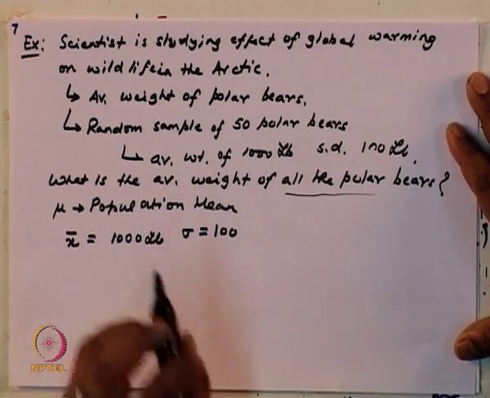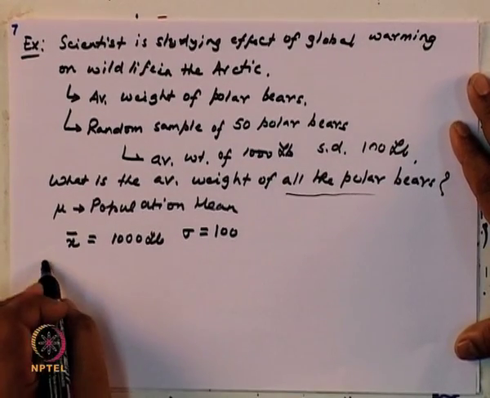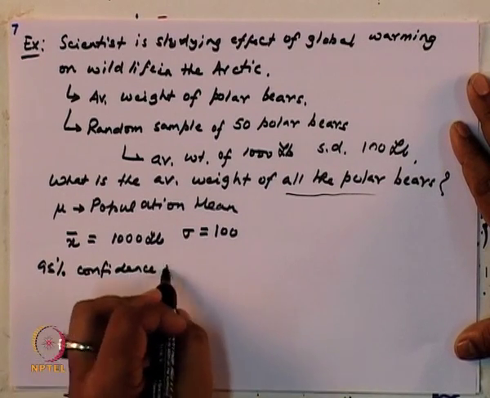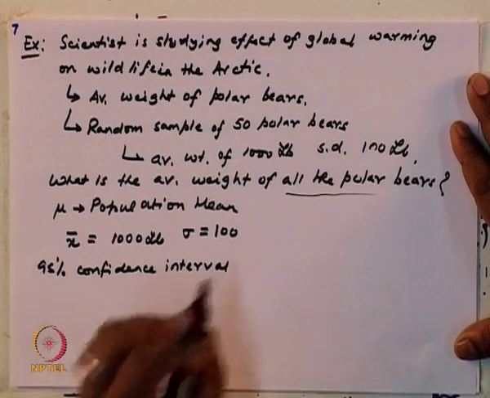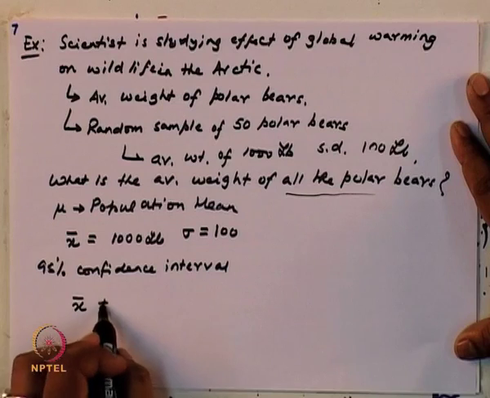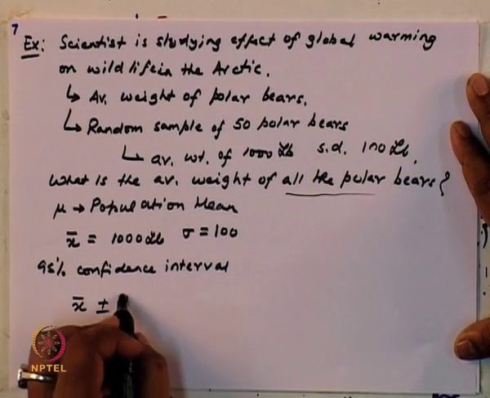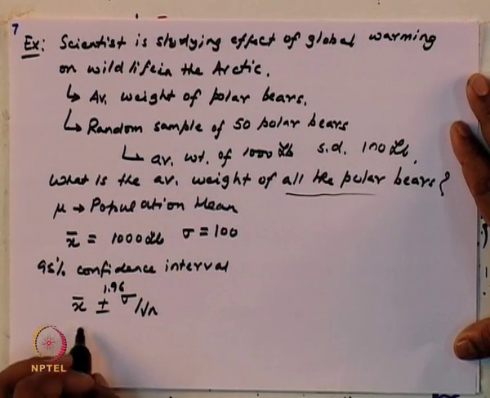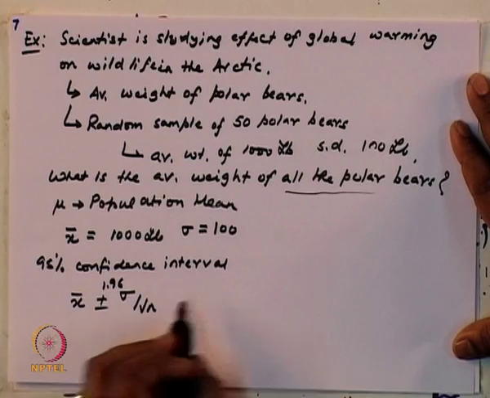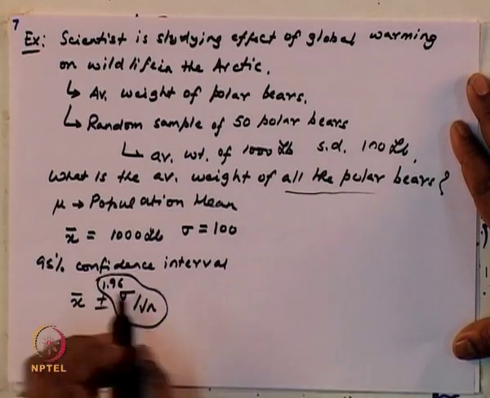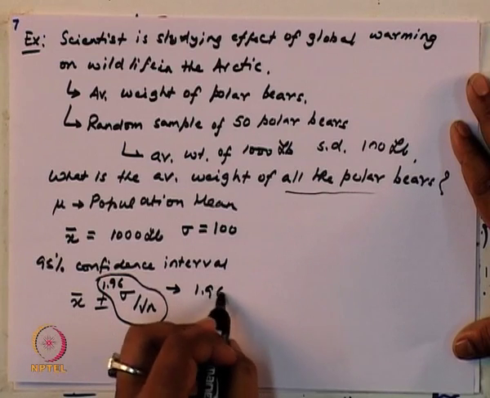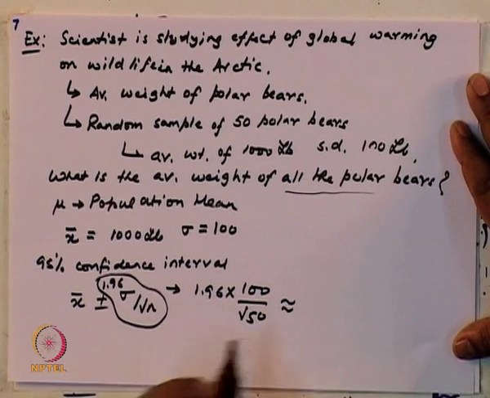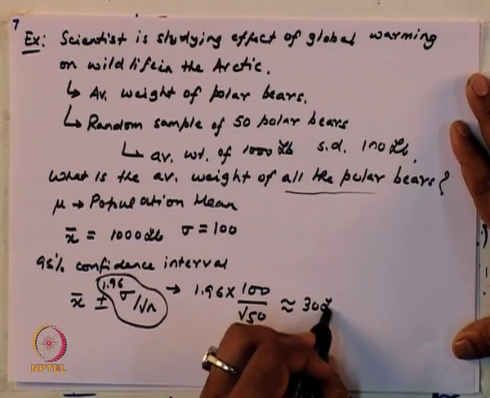So, for creating the 95% confidence interval, I want x bar plus minus 1.96 times sigma by root n. This term comes out to be 1.96 into 100 by root of 50, which is roughly around 30 pounds.